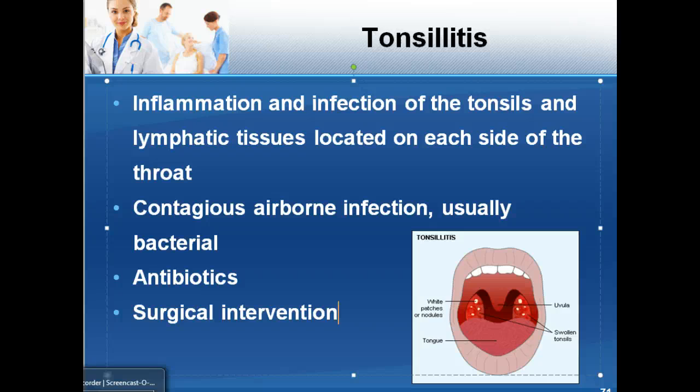They'll sometimes have pain in their ears, headache, anorexia, and they have what they call a hot potato voice, which means their voice sounds thick and more hoarse. And if you look at the tonsils, they'll be red and inflamed with pus.